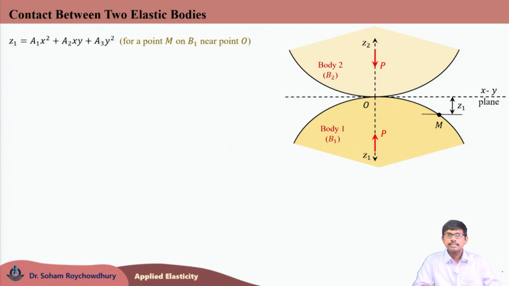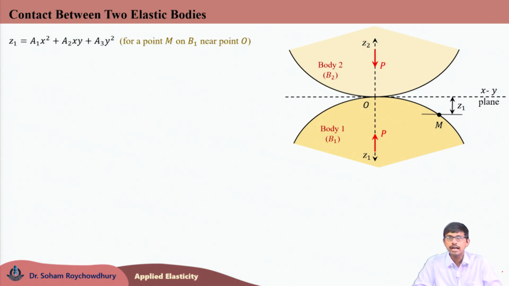Now, we are considering one point M on body 1, which is at a distance Z1. So, normal coordinate of point M is Z1, and Z1 value must be small, which is too close to the point of contact. So, this state is just two bodies are in contact, P is not yet pressed. So, this is when two bodies are just coming in contact without any pressurization.